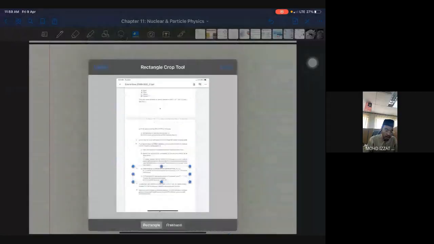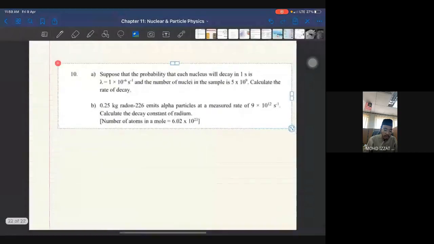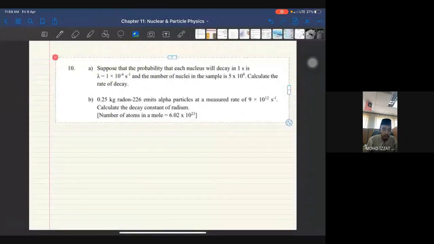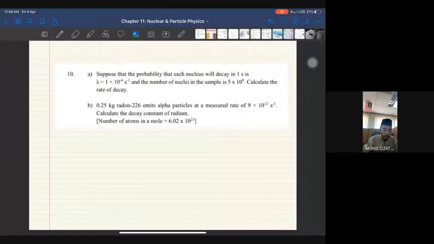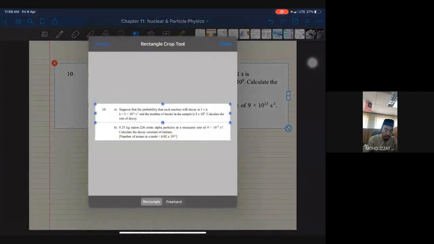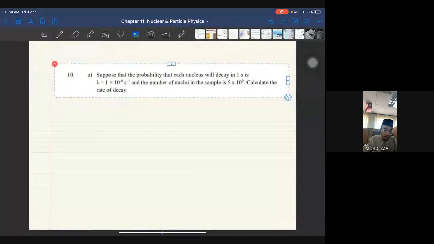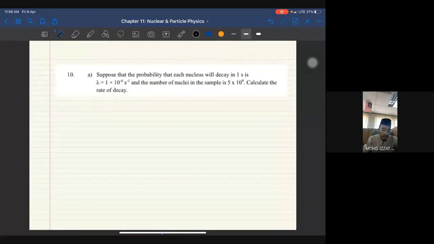Okay, this one is a question from your tutorial. Suppose that the probability that each nucleus will decay in 1 second is 1 times 10 to the power of negative 10 s minus 1. Let's do A first, sorry. And the number of nuclei in the sample is 5 times 10 to the power of 9.